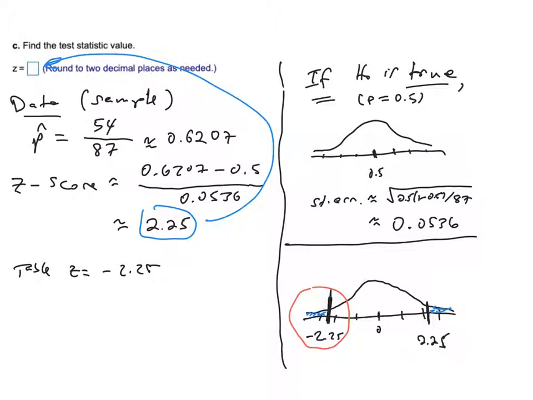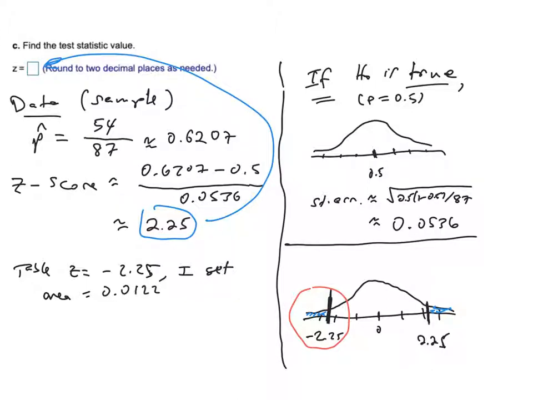So if I look up negative 2.25 in the table, I'm told that the area under that curve is, hang on, I see, sorry, I have a hard time looking at my screen, 0.0122 is what I see in the table.